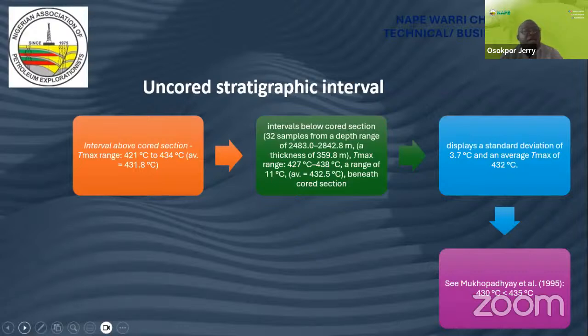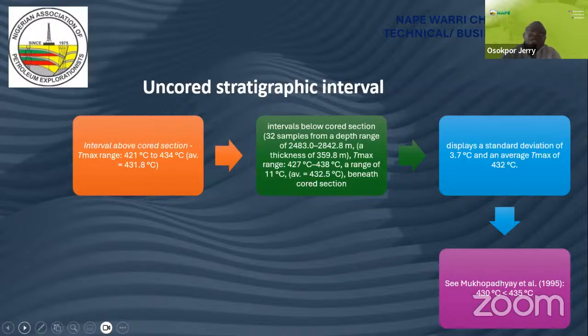The top of this well has presented a Tmax range of 421 to 434, while the interval below that also presented a Tmax range of 427 to 438, with a standard deviation of 3.7 degrees as an average and a Tmax average of 232.